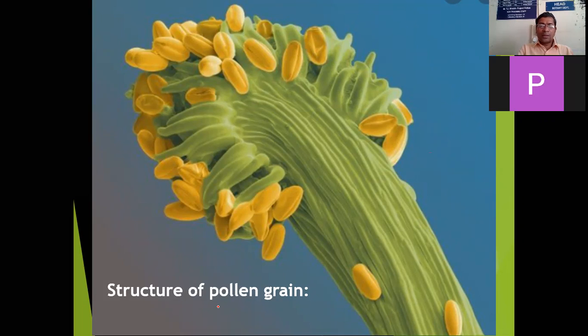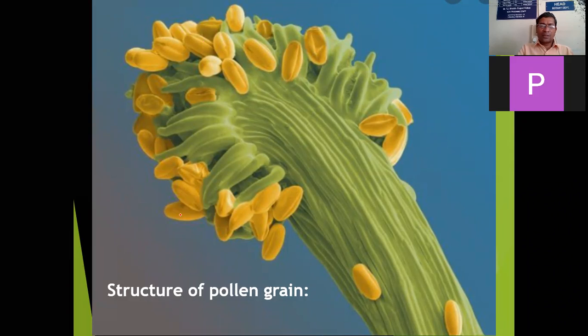As we have seen, these pollen grains are developed in the anther, and when they are released from the anther by different modes, they travel up to the stigma.